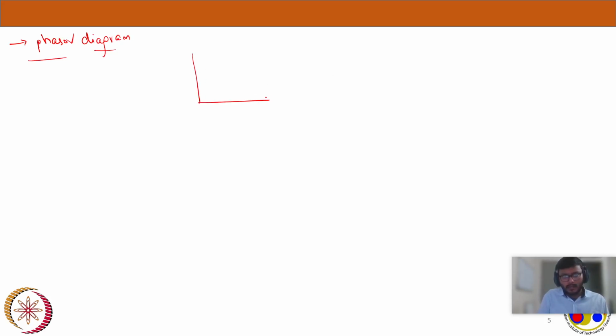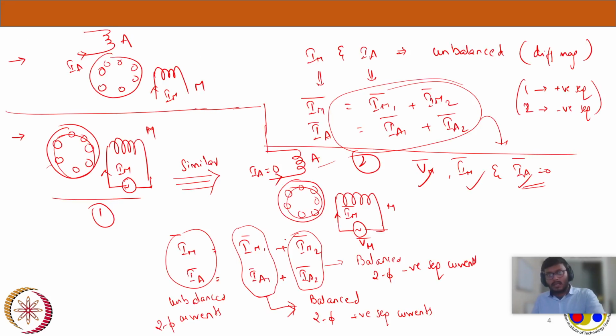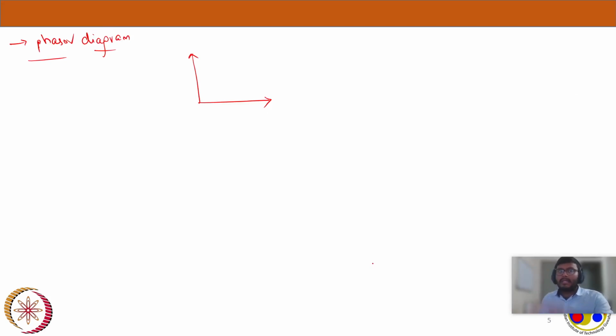I'm just drawing it. So let's take the positive sequence. Here we can see for the positive sequence, this auxiliary winding A is leading M. We have placed the auxiliary winding first, so the auxiliary winding is leading my main winding by 90 degrees. So this is the IA1 current.